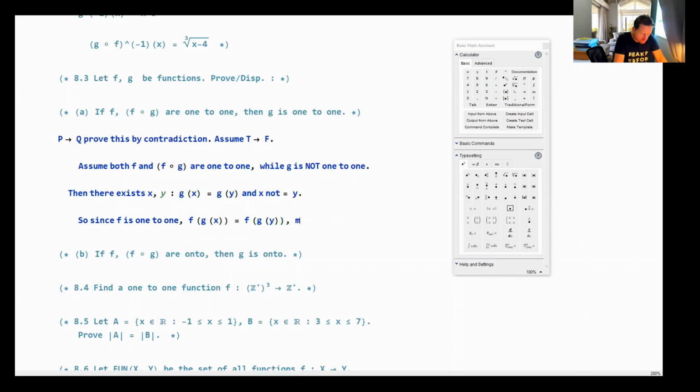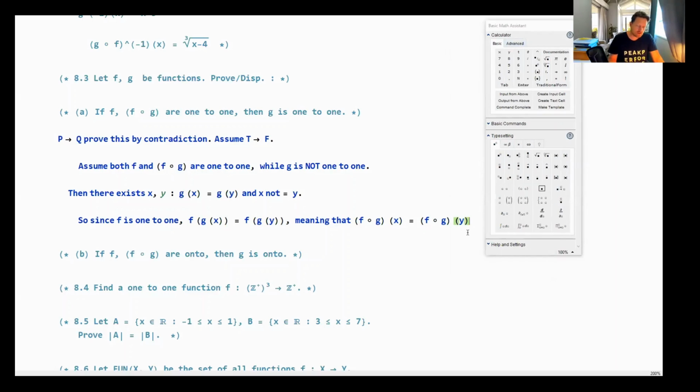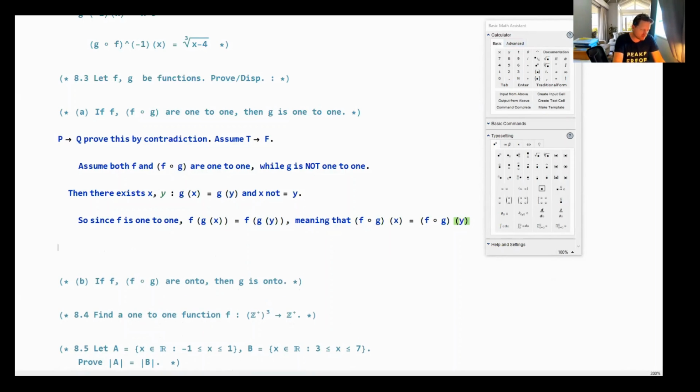Meaning that f compose g of x is equal to f compose g of y. Okay, so this is what we've deduced. f compose g of x is equal to f compose g of y, but x is not equal to y.